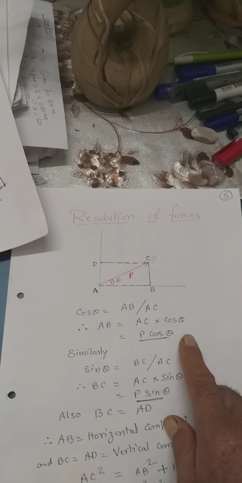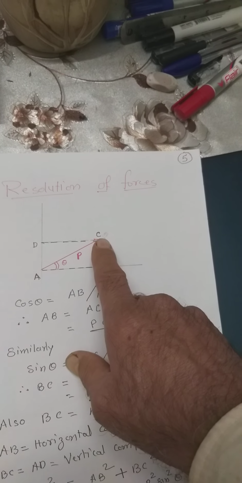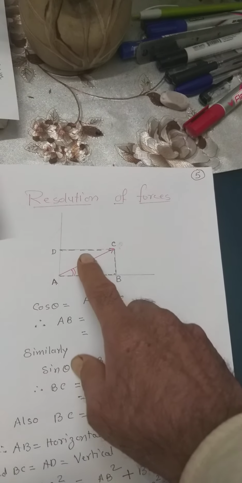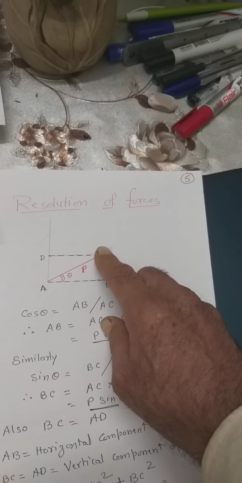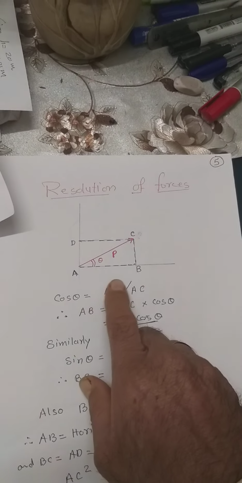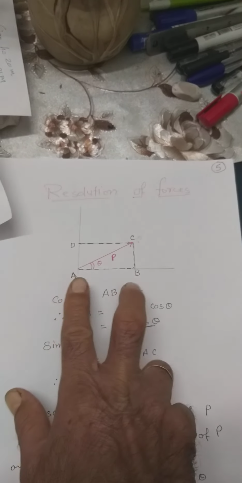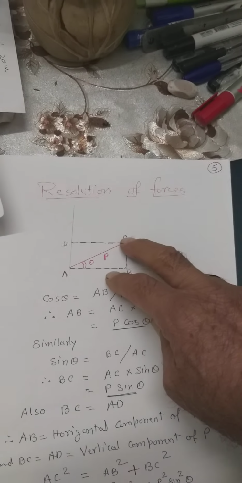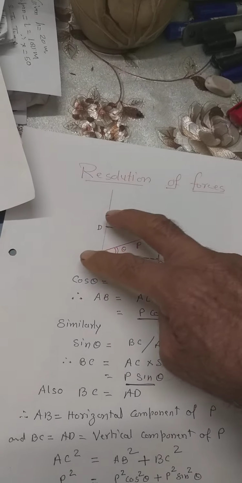But if I have given an inclined force like this, it has got some horizontal component and some vertical component, and the final outcome will be like this. So the horizontal component shows that the horizontal effect of this inclined force is AB and its vertical effect is BC, or AD, because this is just equal.